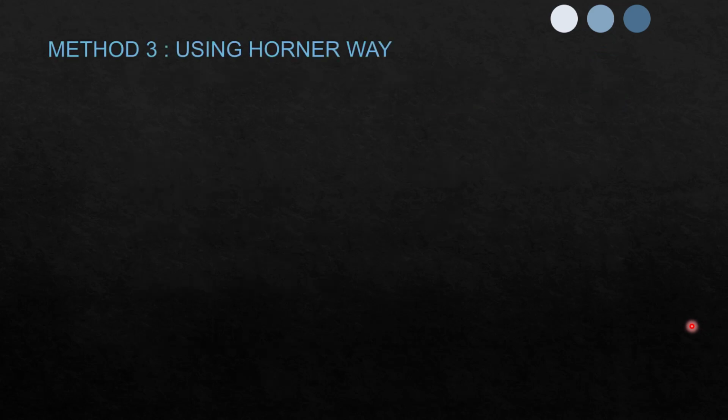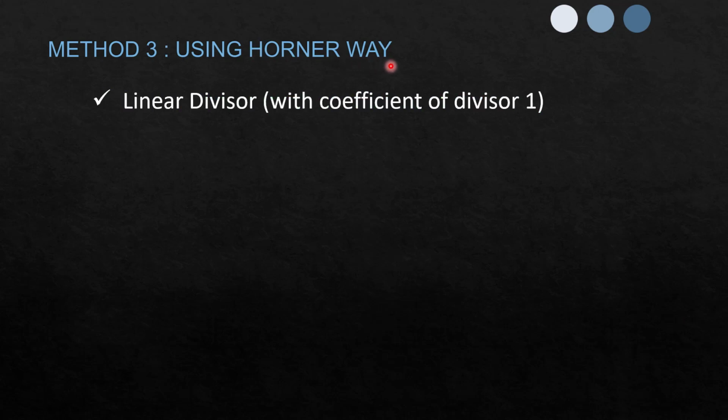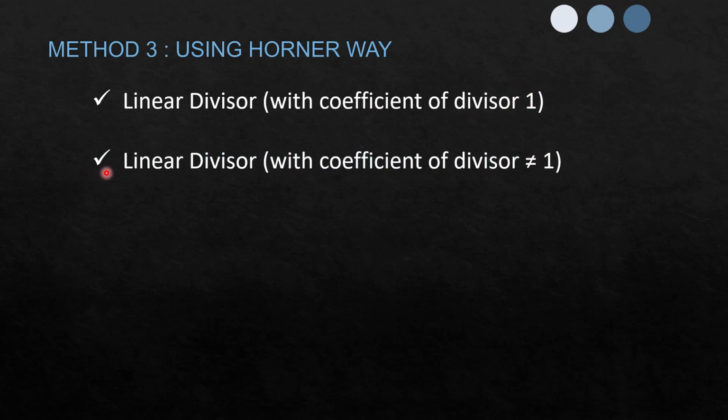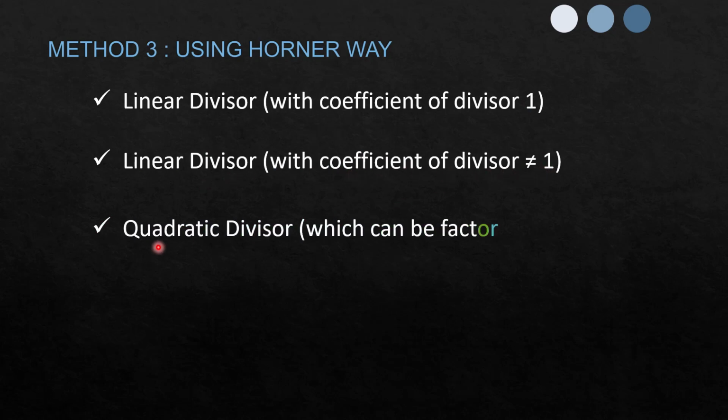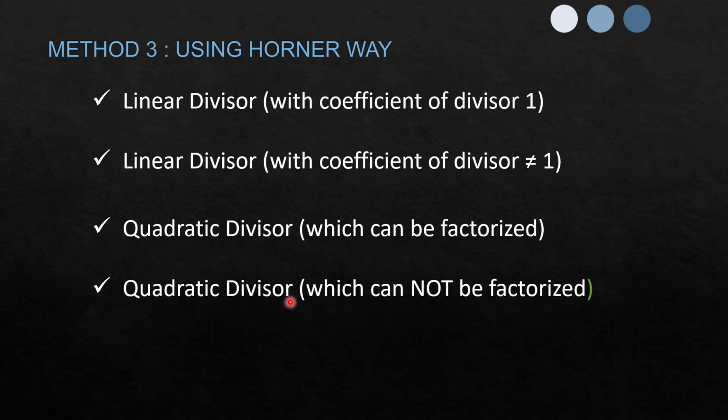Next, the third method is called the scheme method or HORNER way. In here, if you are using HORNER way, you have to define whether your divisor is linear with the coefficient of divisor 1. Second, is it a linear divisor with coefficient of divisor not 1, quadratic divisor which can be factorized, or quadratic divisor which cannot be factorized.